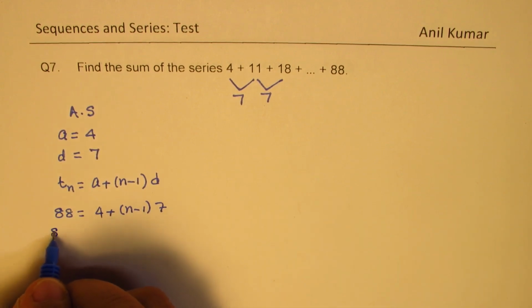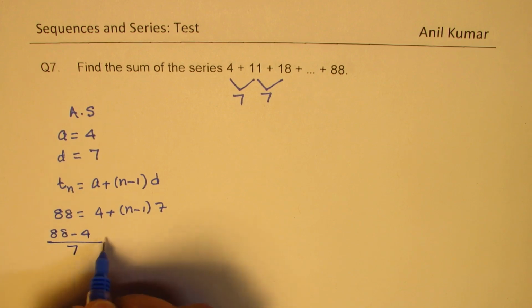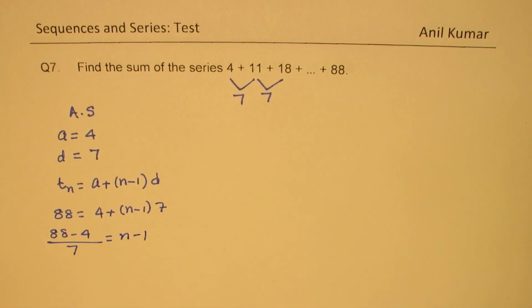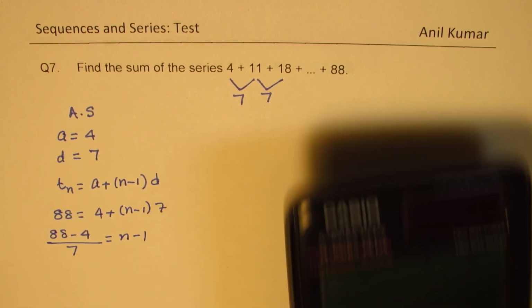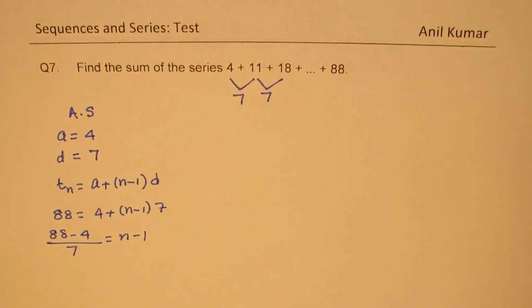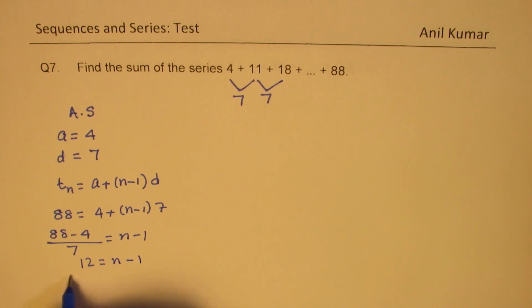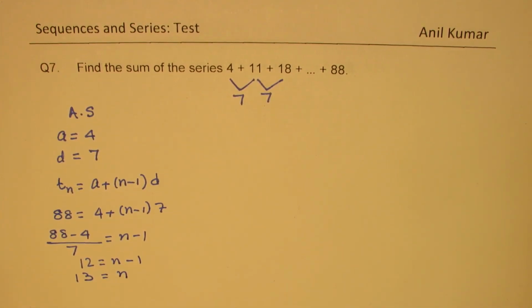So we can write this as 88 minus 4 divided by 7 is equal to n minus 1. So we have 88 minus 4 is 84, and when we divide this by 7, we get 12. So we have here 12 equals n minus 1, or 13 is the value of n. Correct? So we know all our parameters now.